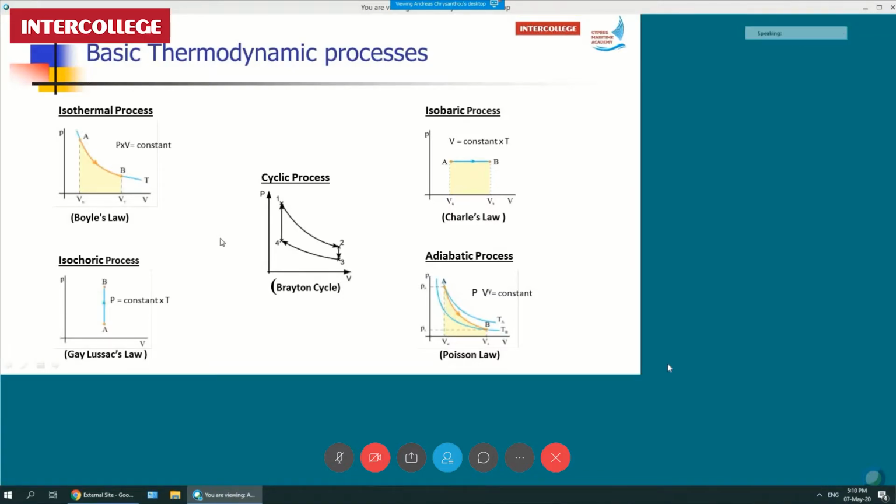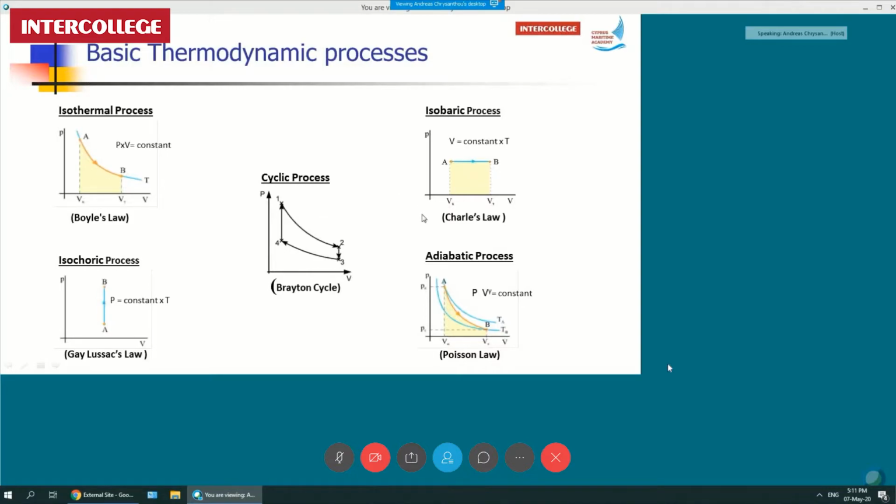Now, as you know, things are changing with various conditions, with temperatures, with pressures, with volume. One way to see how these processes vary is on a so-called PV diagram, which is a pressure-volume diagram.